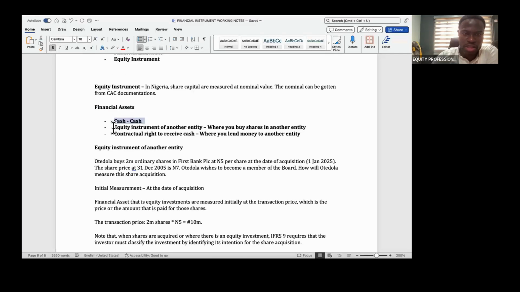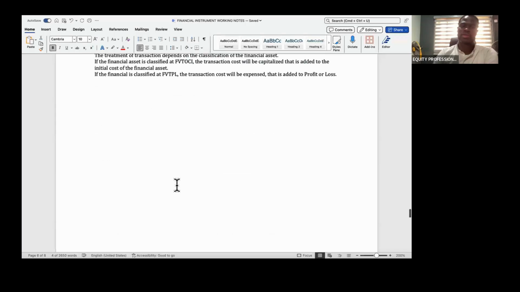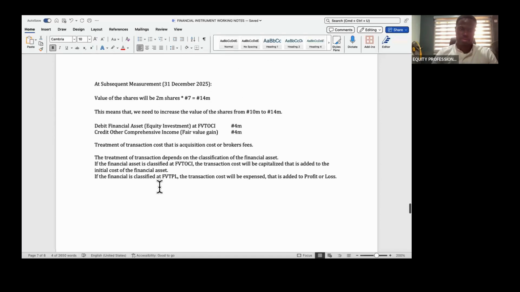So don't forget, I'm on financial assets. I've dealt with cash. I've dealt with this. Now let me deal with when you borrow money, which is debt instruments. So when the financial asset you have is a debt instrument, how do you measure it? Measurement of debt instrument. So let's go into that.